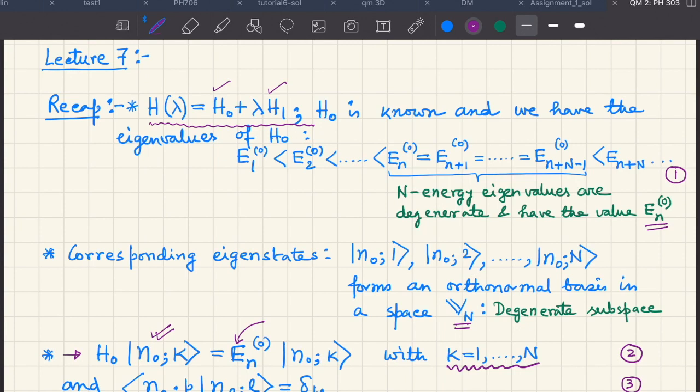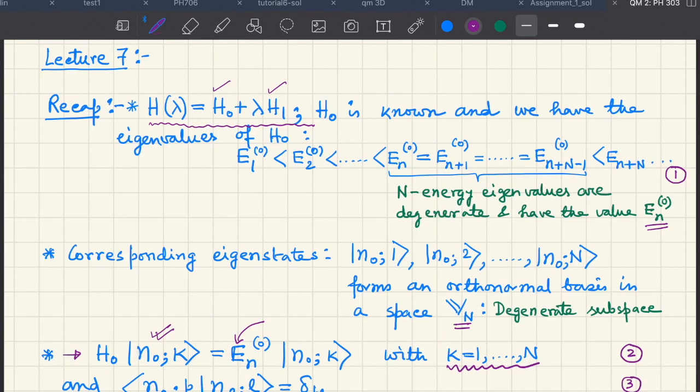This is to say that suppose we are talking about the hydrogen atom and its first excited state. Hydrogen atom first excited state means we have small n, the principal quantum number, equal to 2, and the degeneracy in the hydrogen atom goes as n square if you neglect the spin.